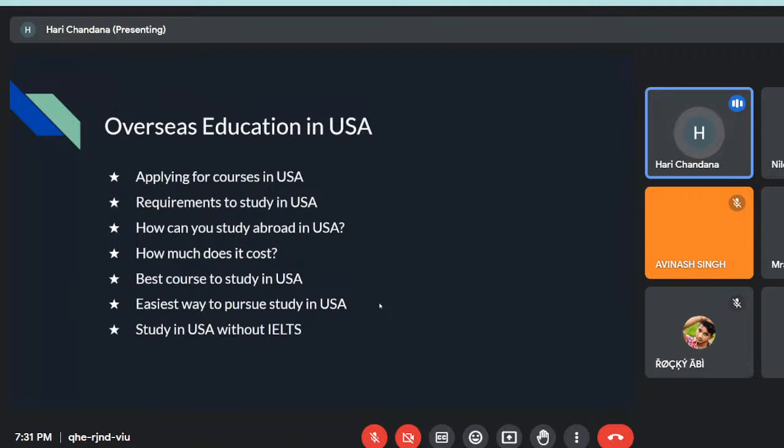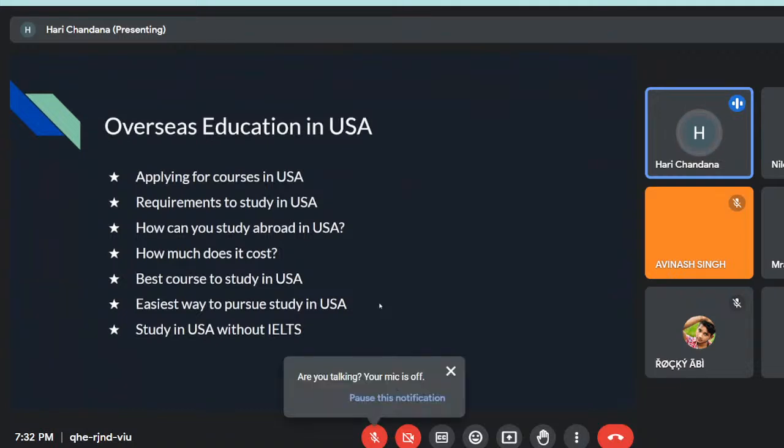To talk about the requirements, you will need a high school degree with the SAT score and an English proficiency test score from IELTS or TOEFL. Letters of recommendation, at least 2 or 3, are required. Also statements of purpose, school transcripts, a correctly filled application form, and a valid passport and visa.